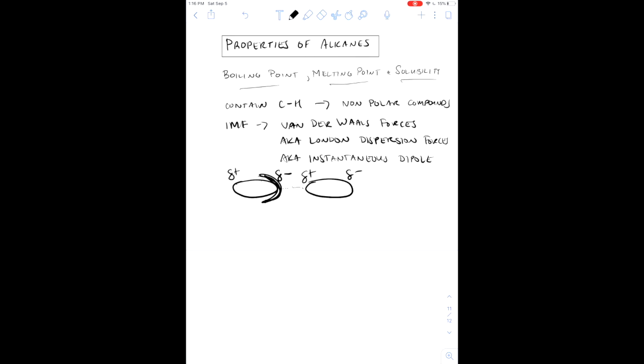Now this only lasts for a moment, but when you have something, let's say in a flask, that's millions upon millions of molecules, even though it's only occurring for a split second, that split second times a million is going to be quite a bit of intermolecular forces occurring throughout that flask or beaker. And so this is going to impose some physical properties upon that organic substance, that alkane.